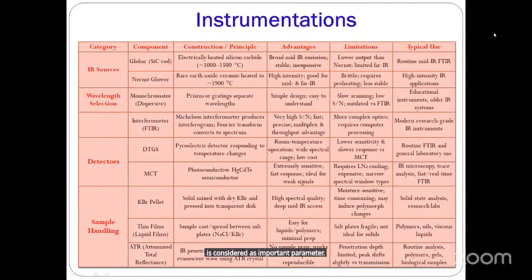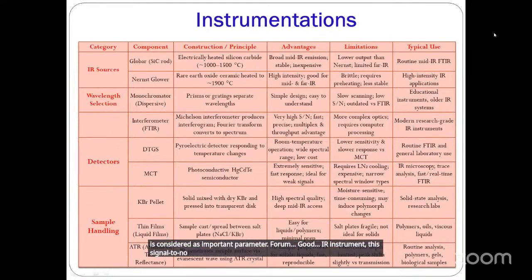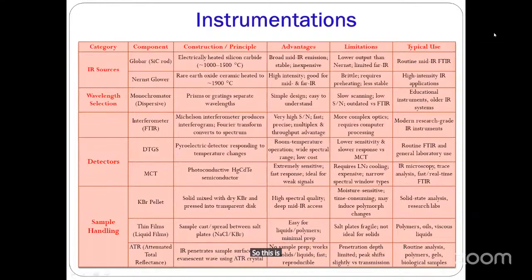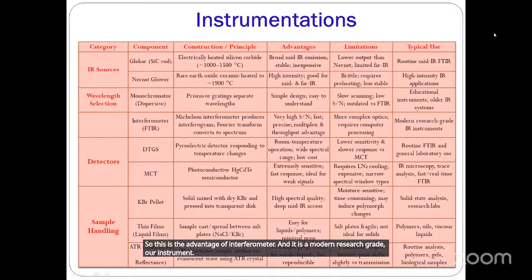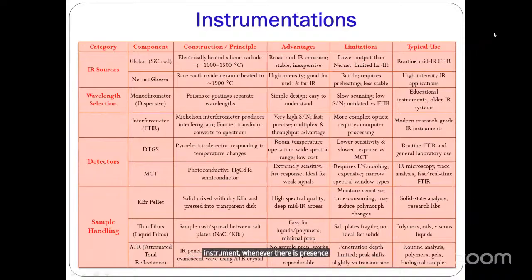For a good IR instrument, this signal to noise ratio should be very high. So this is the advantage of interferometer. And it is a modern research grade IR instrument whenever there is presence of this type of instrumentation.